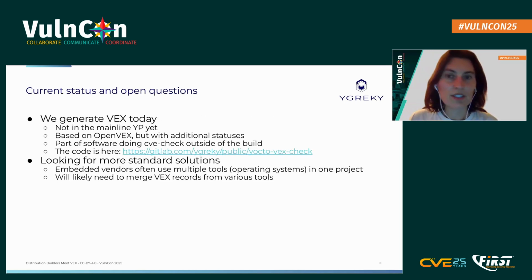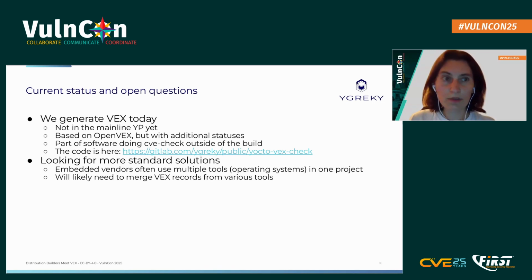So the current situation is that we do generate VEX today. It's not a mainline option of the Yocto project, but we are advancing. The current VEX output is based on OpenVEX, but it has some additional statuses that we had to add, and it's a part of a bigger software working on generating CVE-related information outside of the build itself.